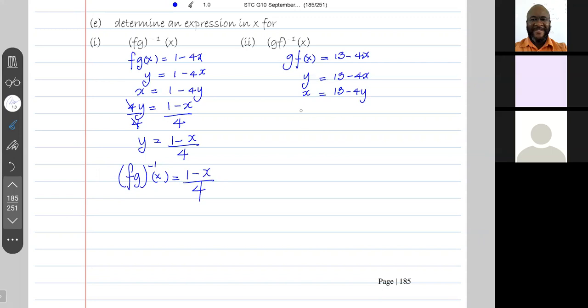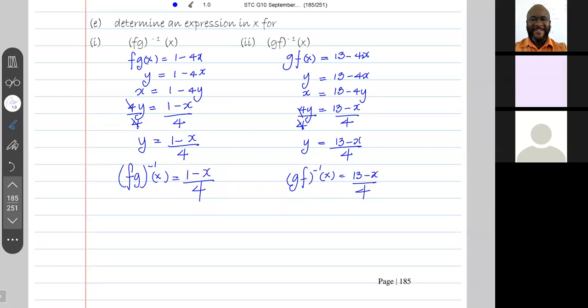So we have 4y is equal to 13 minus x. Last step, divide both sides by 4, and we get that y is equal to 13 minus x over 4. And the last step, take out y and say g of f inverse of x is equal to 13 minus x over 4.